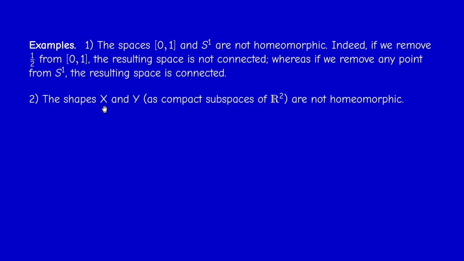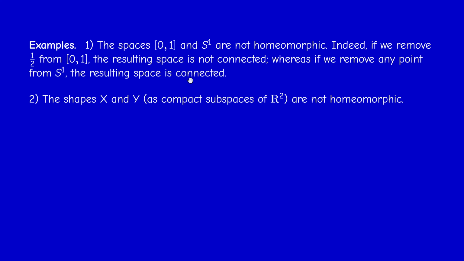No. Why? Because if we remove the central point of the shape X, what is the remaining space? It consists of 4 segments, so it has four connected components. Whereas if we remove a point from Y, it depends on the point, but the resulting space will have at most 3 connected components.